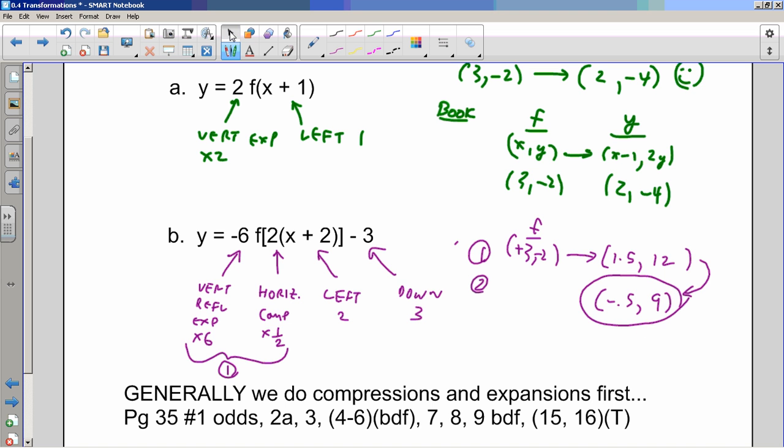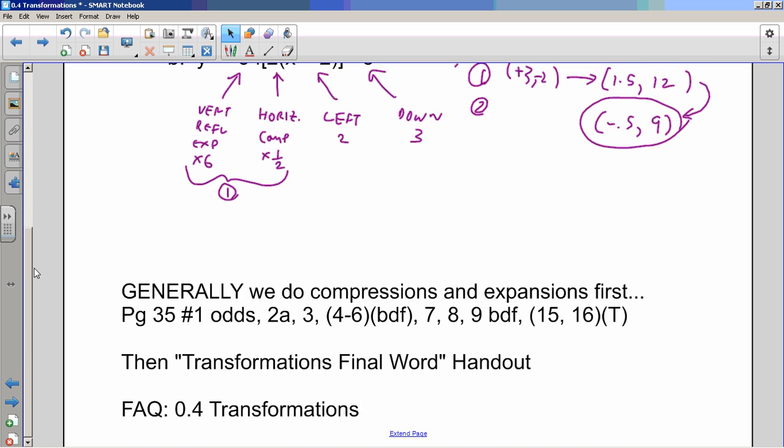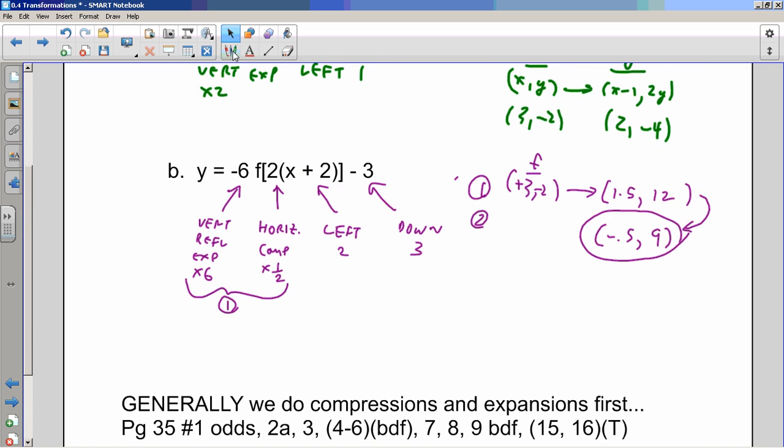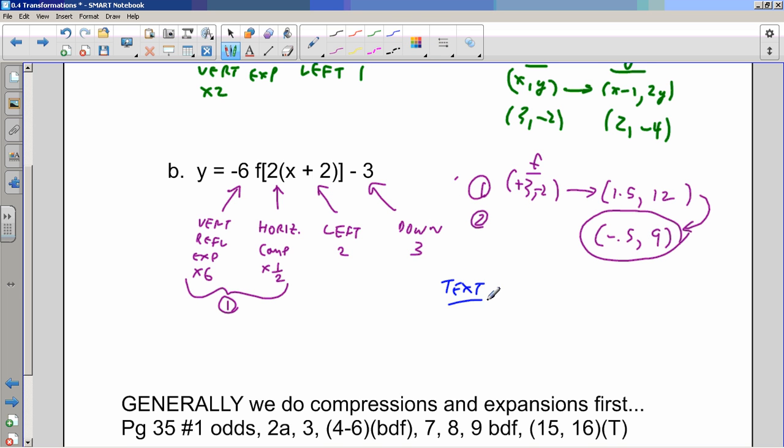Now I want to mention how the textbook would think of this. Again, they're going to think of the formula. And again, I'm going to do this in 2 steps. So what was the first step? It was a horizontal compression. So whatever the x was, they divided it in half. Whatever the y was, they multiplied by -6.